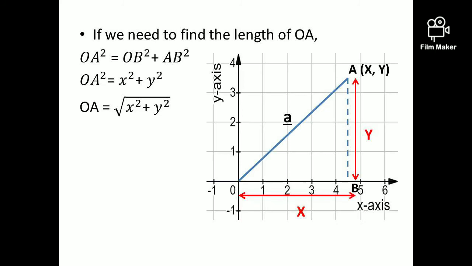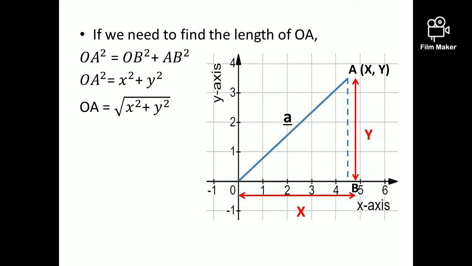Please look at this example. It's a line starting from the origin, origin meaning the 0, 0 coordinate, to a point A (x, y). To find the length of OA, I will generate a right angle triangle OAB, where the length of OB is x and AB is y.